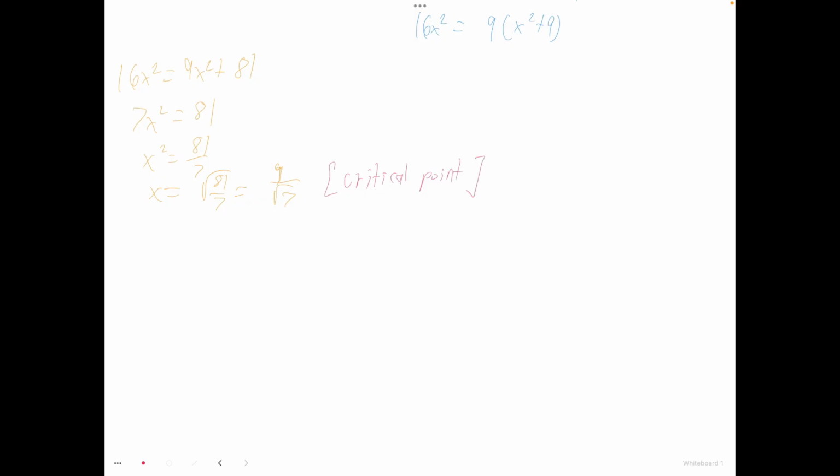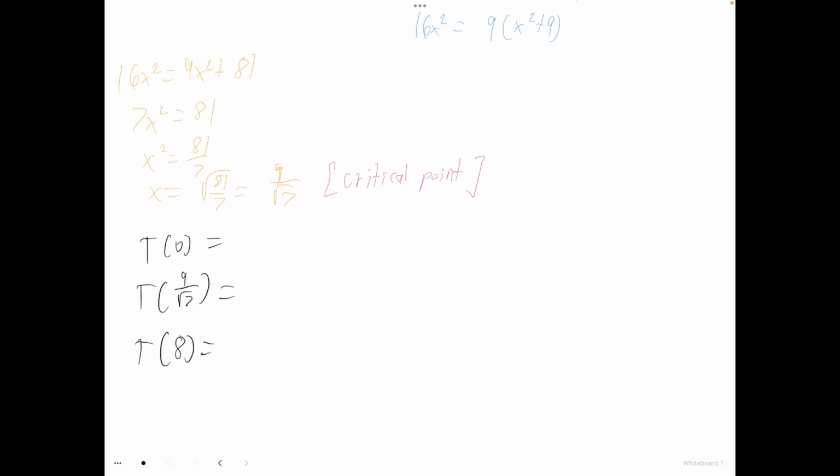Now, using the closed interval method, we're going to compute the time at each of the endpoints as well as the critical point. And so we have t of 0, t of 9 over the square root of 7, and t of 8.